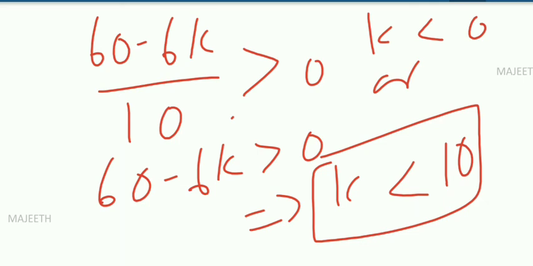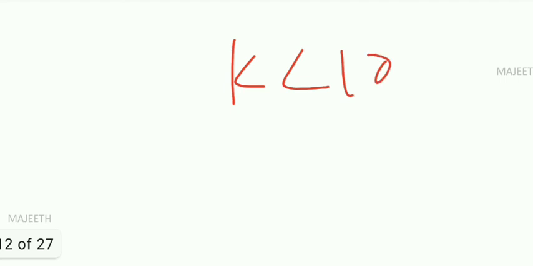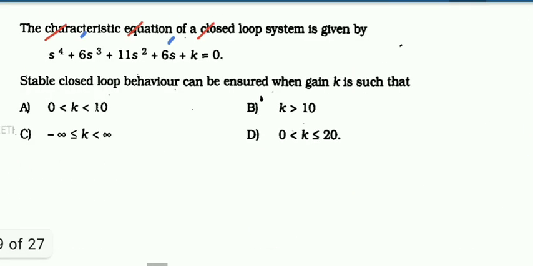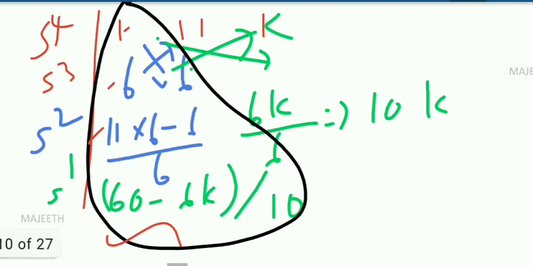If it is greater than 10, suppose let us assume it is 11, then it will become 66, so everything will be negative. So k must be less than 10 and greater than 0, right? So the answer is k varies from 0 to 10, right?